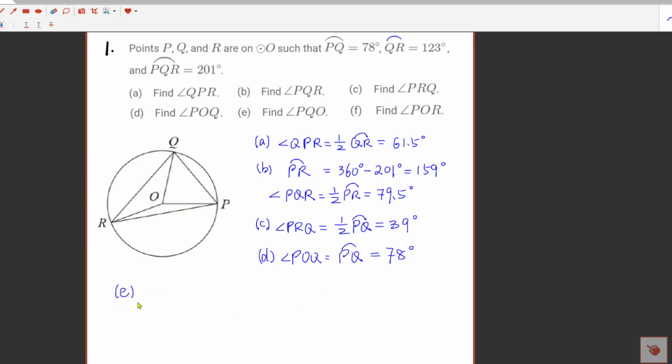And question E. Okay, first of all, we know PO equals QO, right? And then triangle POQ is isosceles with angle PQO equals angle QPO.